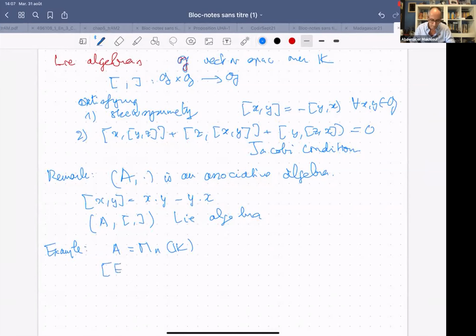If you take elementary matrices, for example E_ij, E_pq, which means that you put 1 at position ij and 0 elsewhere, then using this bracket this will become a Lie algebra. And let me write the formula, it could help. Delta, this is a Kronecker symbol.